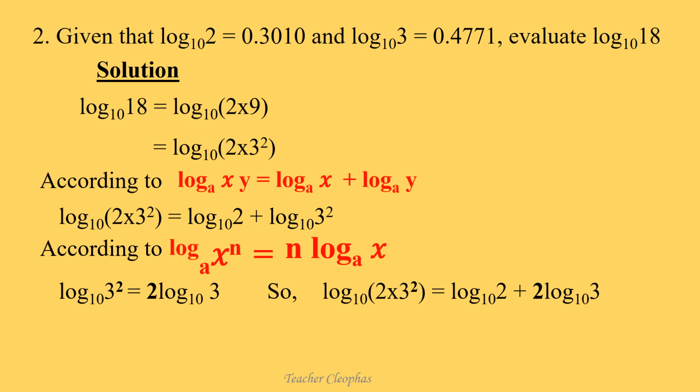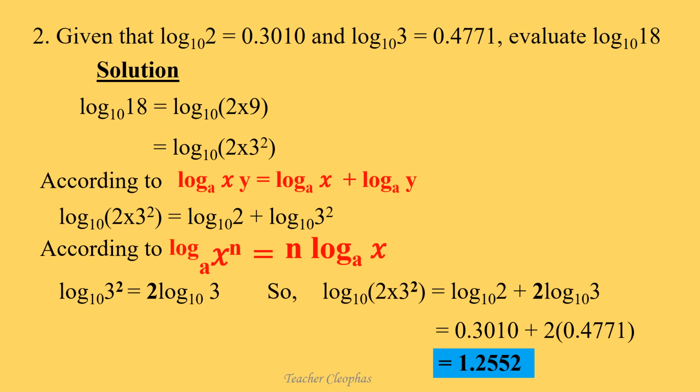Now that we have been given the logarithm of 2 and logarithm of 3 in the question, we substitute for this and we have 0.3010 instead of logarithm of 2 to base 10 plus 2 into logarithm of 3 to base 10, which is 0.4771. Now simplifying this, we end up having 1.2552, which is the answer that we have been looking for.